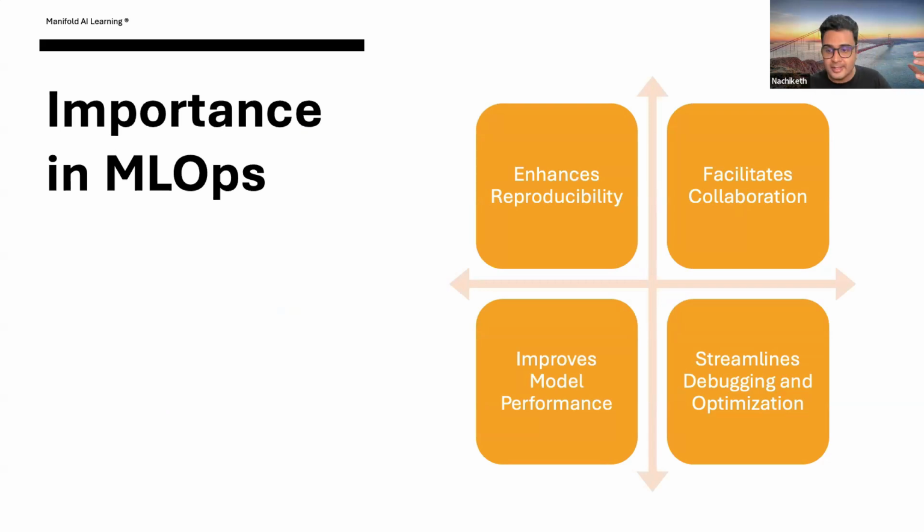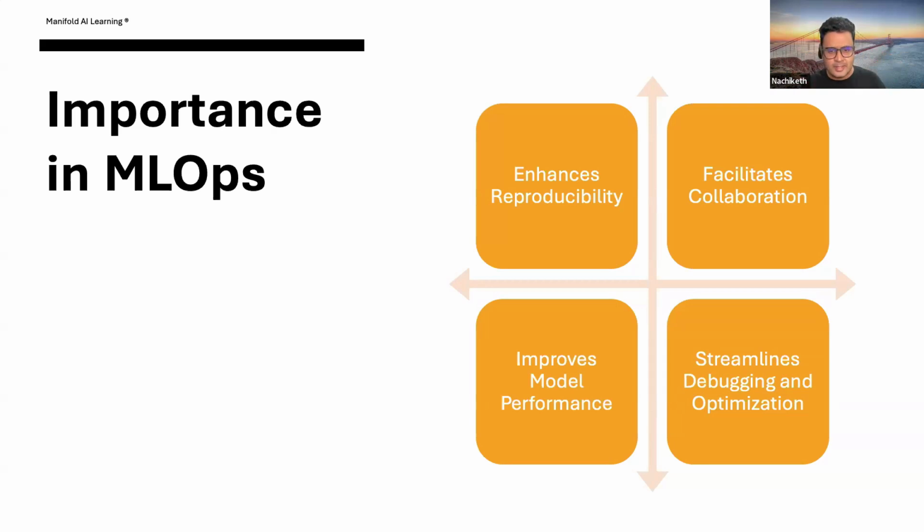It facilitates collaboration, improves model performance, and streamlines debugging and optimization. Since we are able to track which version gives what performance, we can go to that specific version and see if we can optimize more. That's the next step when we are able to track the experiment.